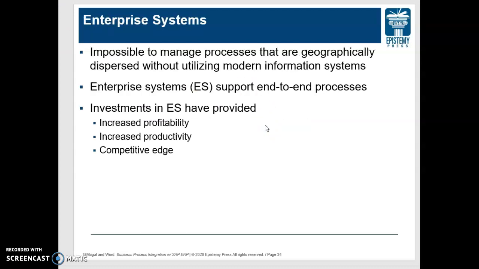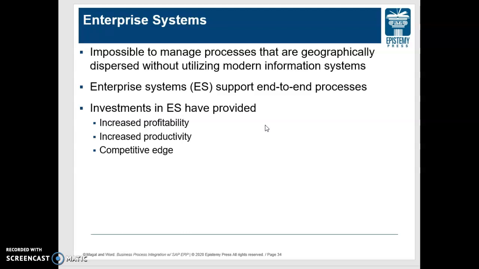In this course you'll be learning how to use SAP, which is an enterprise system. It's really hard in this day and age to manage companies that have divisions across the world. To understand what our division in Germany is doing and what our division in the US is doing, we need modern technology to be able to do that and be able to see what's going on.